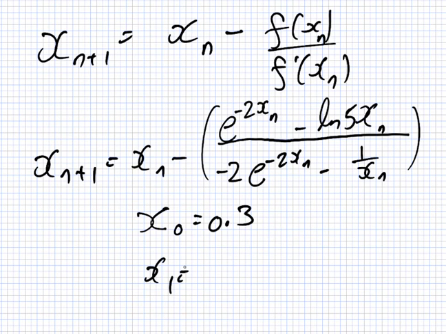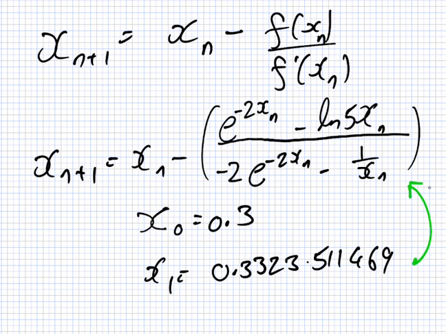So 0.3 minus (e to the power of minus 2 times 0.3 minus log 5 times 0.3) all over (minus 2 e to the power minus 2 times 0.3 minus 1 over 0.3). So you put all those numbers in and you'll get 0.3323511469. Then what do you do with this? Well, you just put that in again and you can get the final answer.